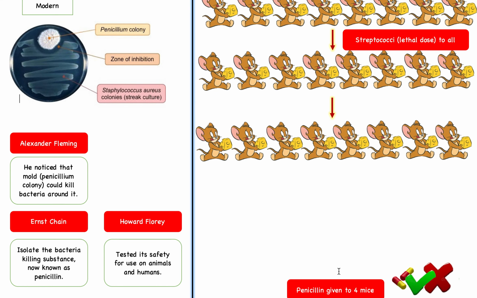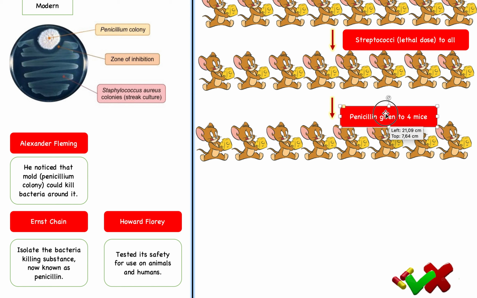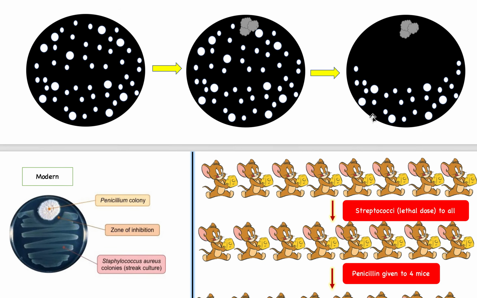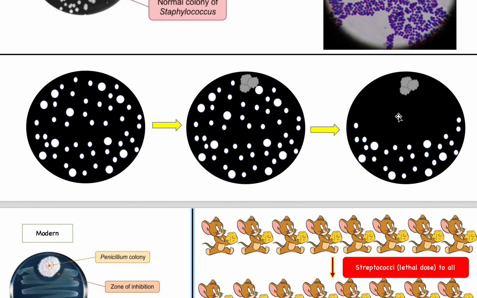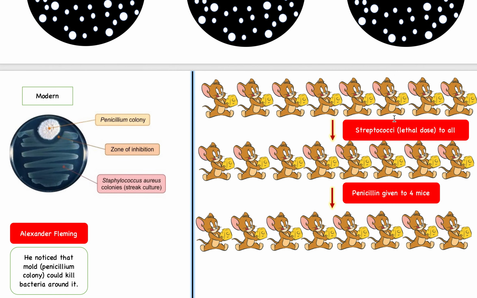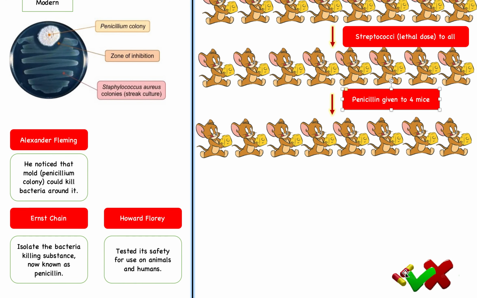Then he gave penicillin, which we know is this drug that they extracted that kills bacteria, the first ever antibiotic. So this is an antibiotic, by the way. So he gave this drug, this antibiotic that was discovered, to 4 mice. So let's say the first 4, 1, 2, 3, 4, and he didn't give it to the other 4. So what do you expect happened?